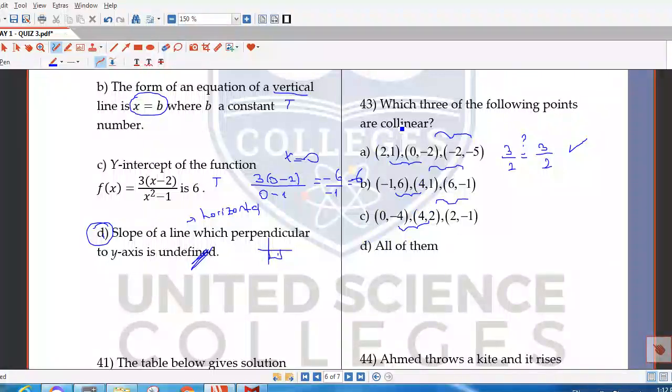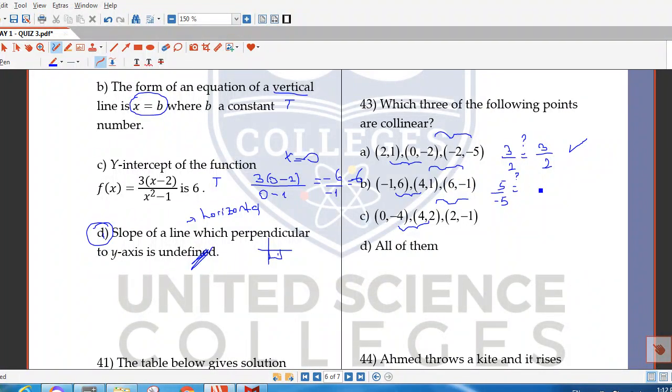Without seeing the others, I cannot decide. Okay, let me find the slope of the second and third choice. First, by using first and second, difference of y will be 5. Difference of y, minus 1 minus 4 will be minus 5. And I'm not sure if it is going to be the same using the second and third point.